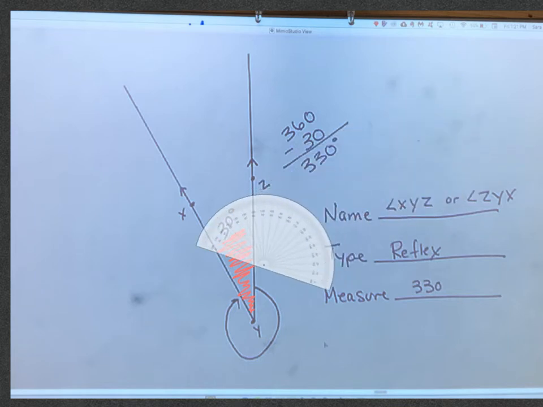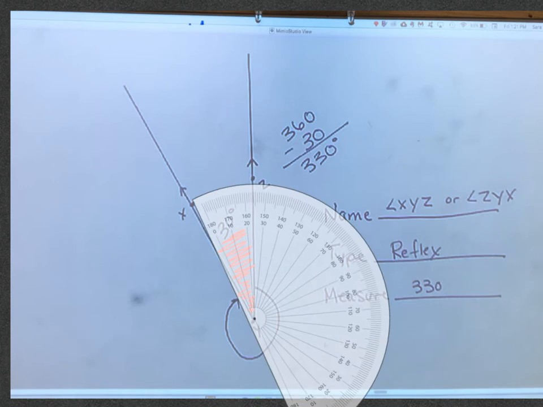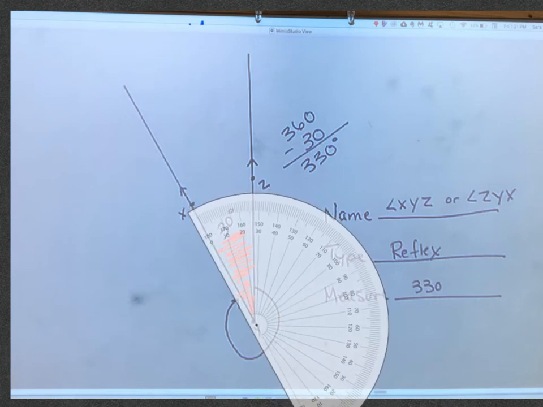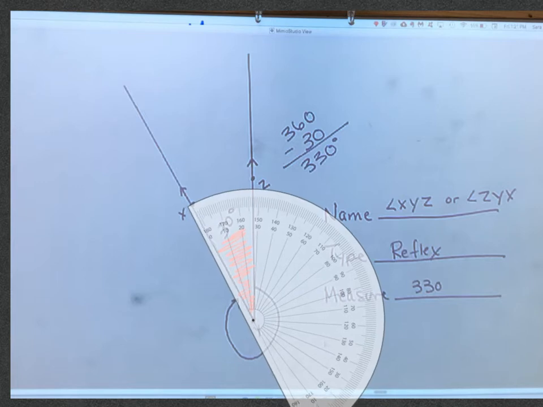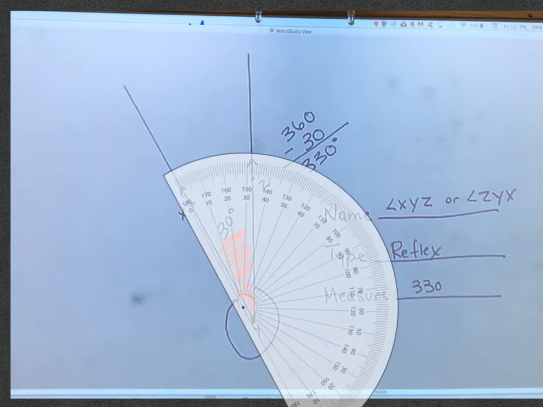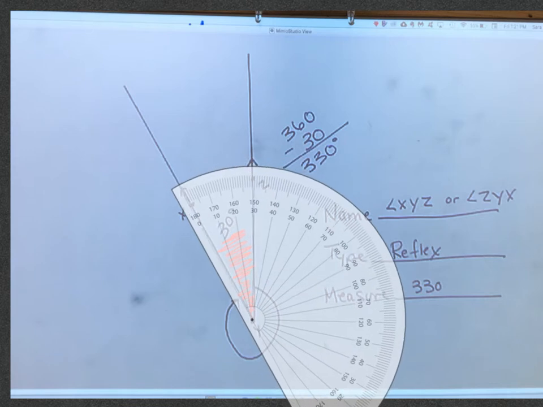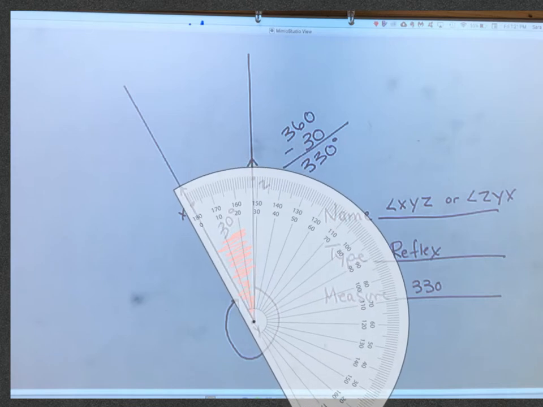There we go. Okay, so with our protractor, we are going to measure just this center part of it. So we're going to line up the dot with our vertex. Then we're going to line our guidelines up as close as we can with the arm of the angle. There we go.